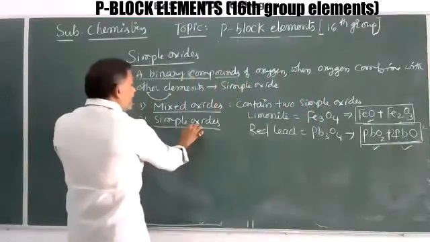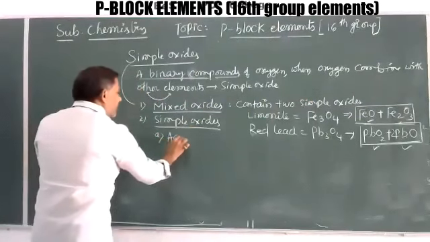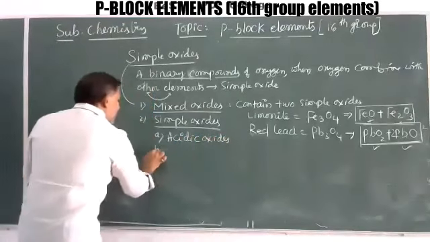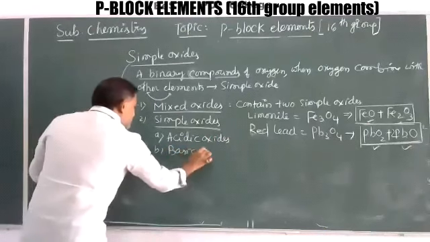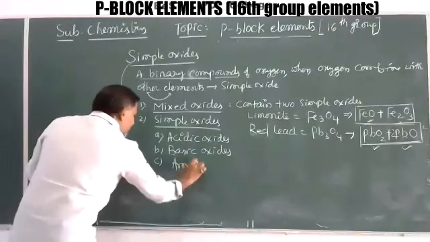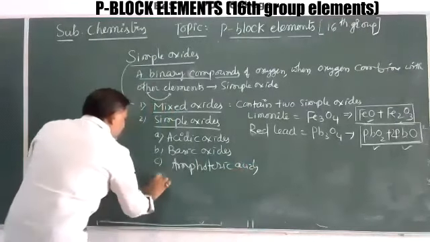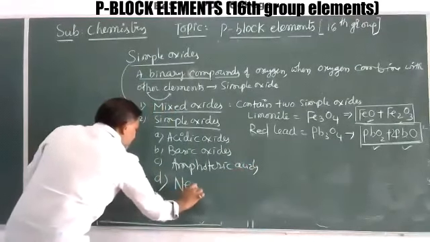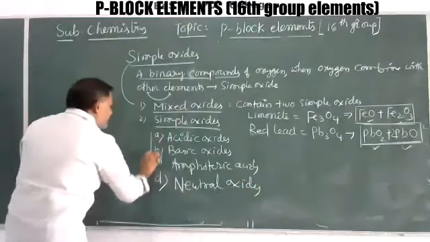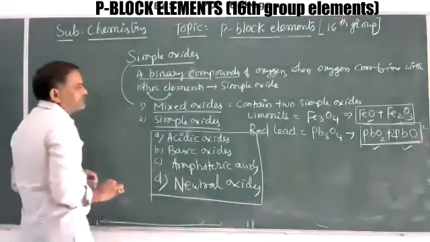Simple oxides are again classified into four types: acidic oxides, basic oxides, amphoteric oxides, and neutral oxides. These are the four important types of simple oxides.